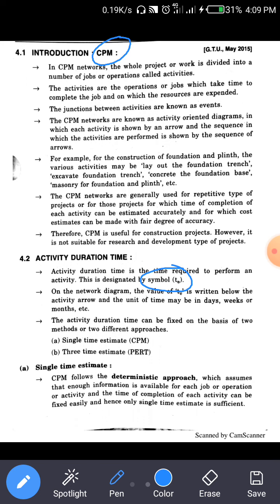CPM follows the deterministic approach, which assumes that enough information is available for each job or activity and the time for completion of the activity can be fixed easily. So a single time estimate is sufficient. The time is fixed, and no extra time is required to complete the activities. So a single time estimate is denoted by TE.